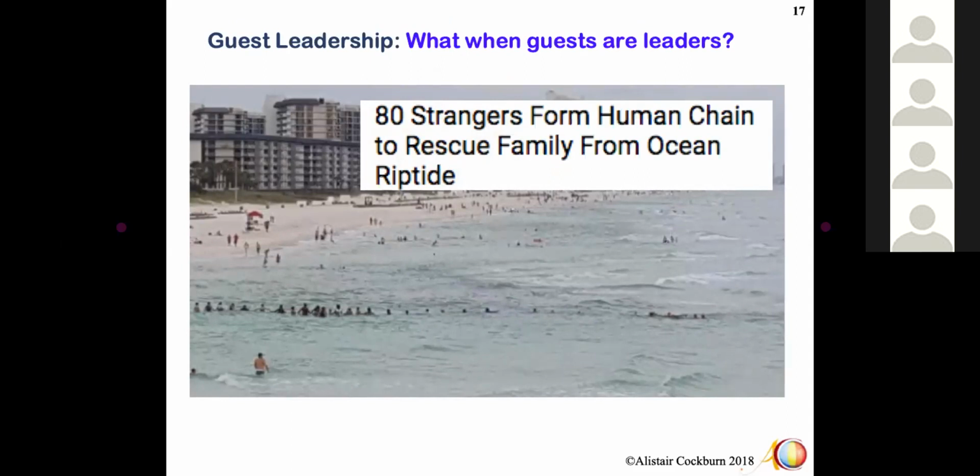They got 80 people to come together into a chain, and then they went out and reached the family that was having trouble and brought them back in. So whoever organized that was not a boss, was not the lifeguard. It was just somebody on the beach who decided to do that. That person was being the guest leader for that period of time. So we're looking for initiative taken by just anybody. And that's a cultural piece.